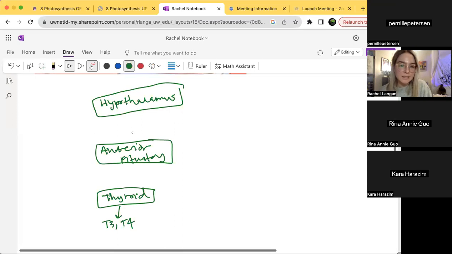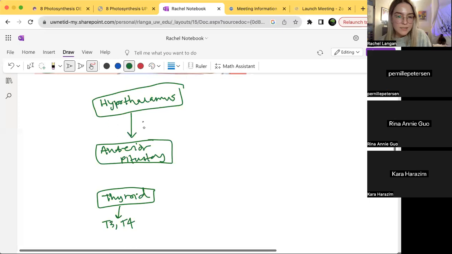How do we regulate that? So the hypothalamus releases TRH, which positively activates the anterior pituitary.